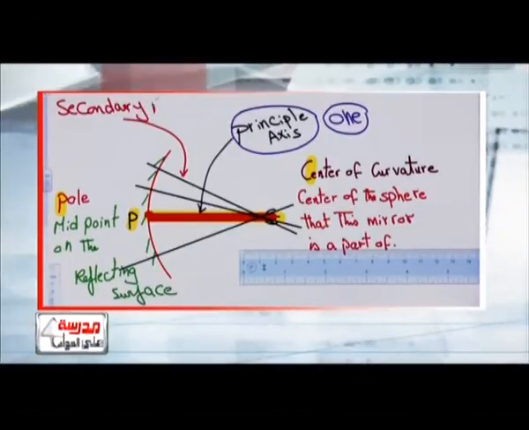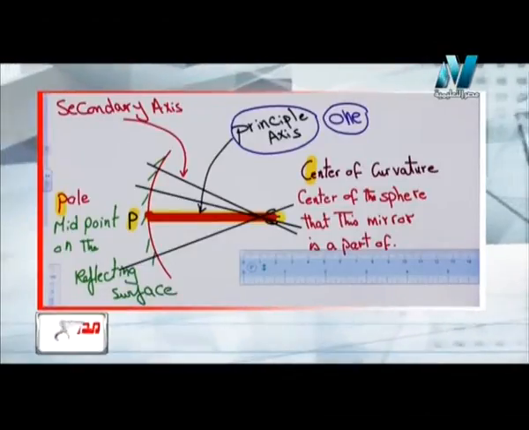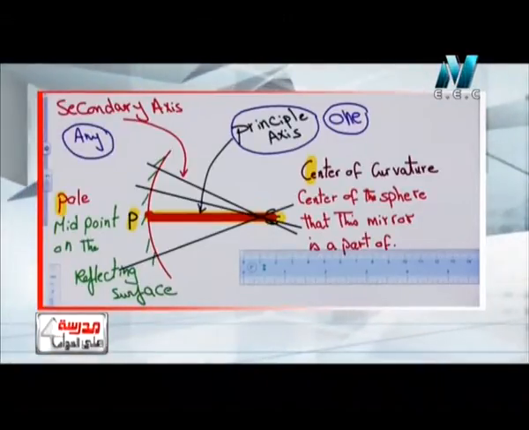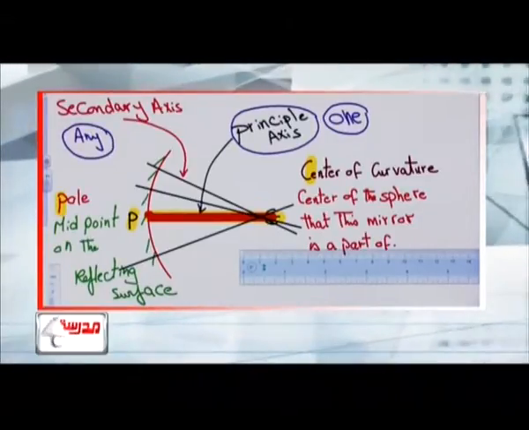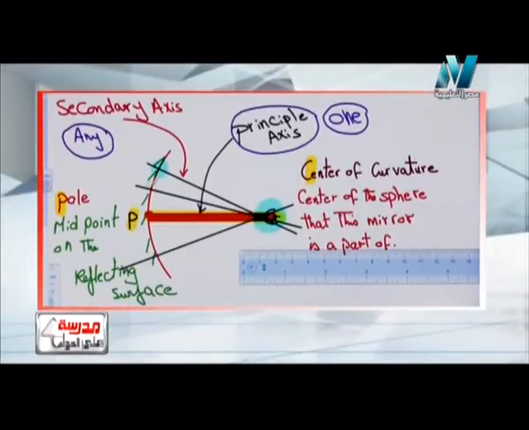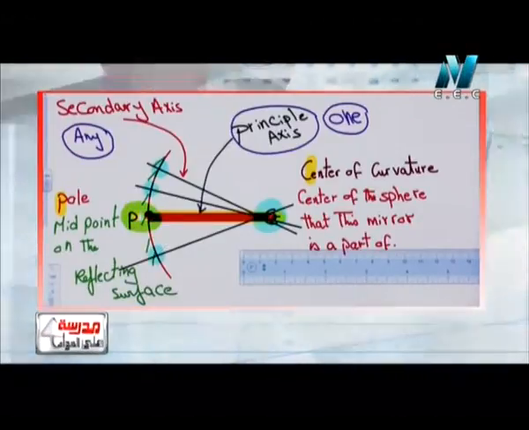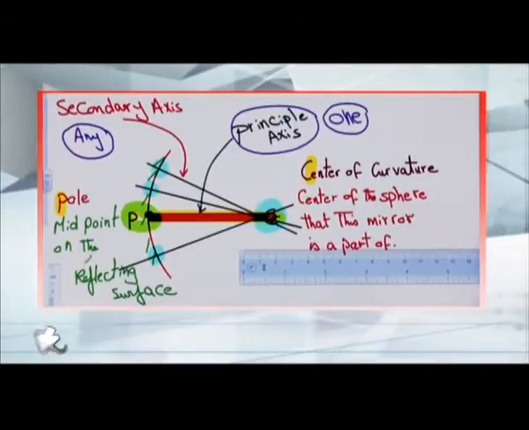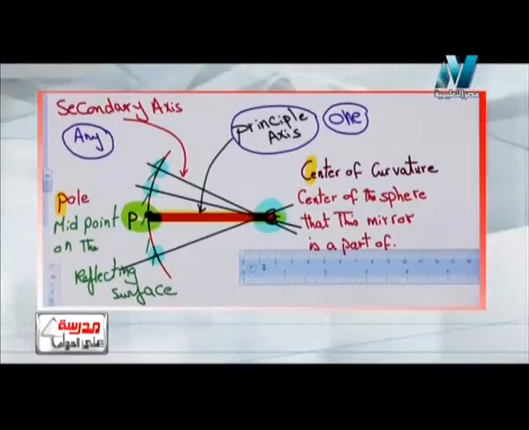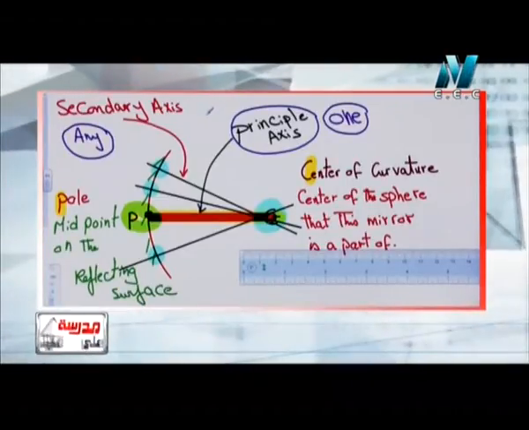Secondary axis. So what is meant by secondary axis? It is any line, pay attention to the word any. Any straight line that connects between the center of curvature here and any point on the mirror except the pole of the mirror. So how many secondary axes are in the spherical mirrors?